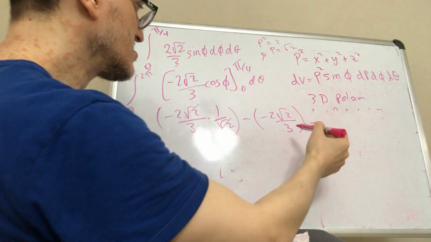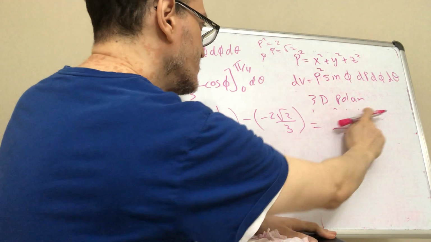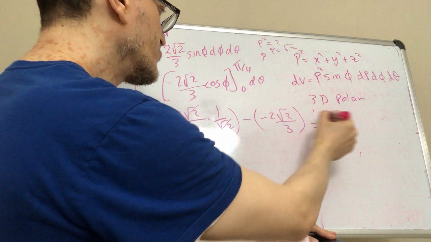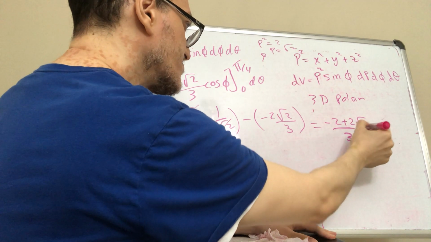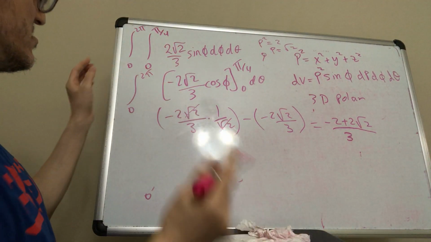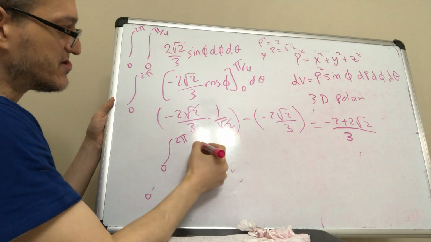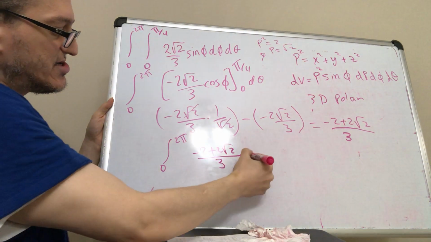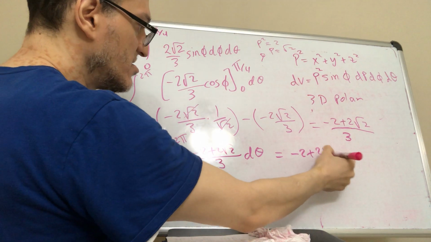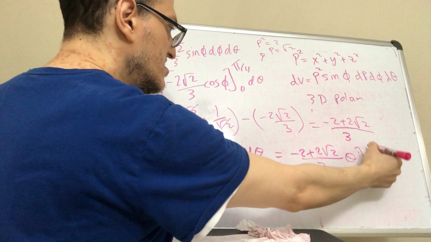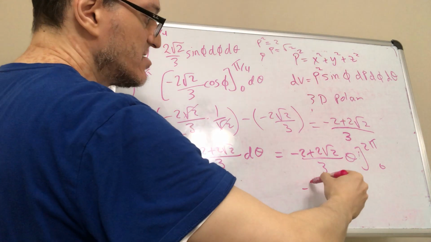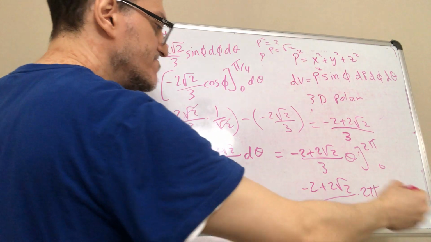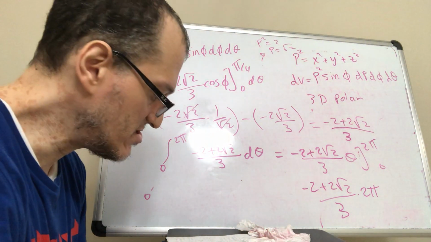Simplified, basically you have 2 root 2 over 3 times the quantity 1 over root 2 minus 1. Now that's the constant that you're integrating from 0 to 2 pi. Minus 2 root 2 over 3 d theta, integral would be this theta from 0 to 2 pi. So 2 root 2 over 3 times 2 pi minus 0, so you just leave it as is.